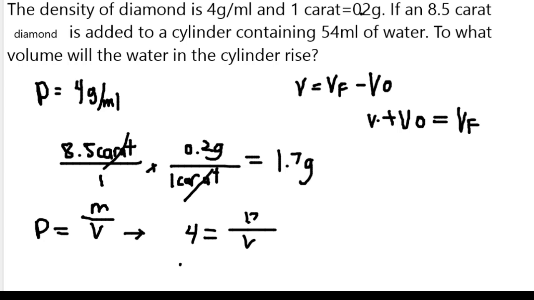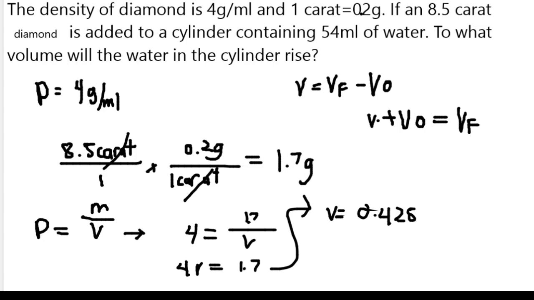Okay, so our density is 4, our mass is 1.7. Cross multiply, we got this. So 1.7 divided by 4, what will we have? We will get 0.425 as our volume in ml.